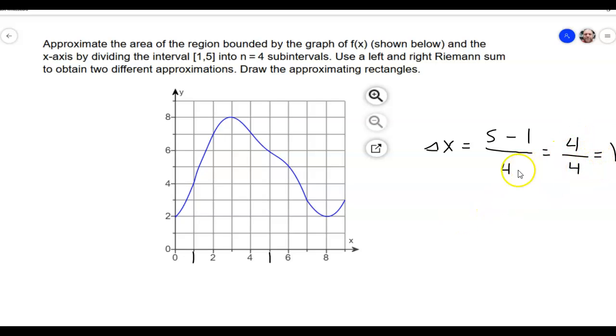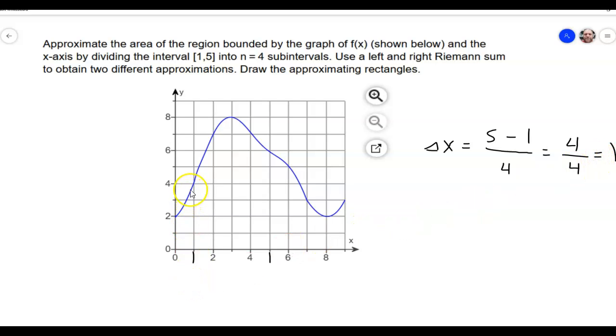So they set it up so we have just a 1 width rectangle, and then we're going to find the lengths. So it's going to be from 1 to 2, from 2 to 3, from 3 to 4, and from 4 to 5. Sometimes it's not going to be 1, sometimes it's going to be 2, or sometimes it's going to be some kind of fraction, but it's nice when they make it either a 1 or a 2 here.